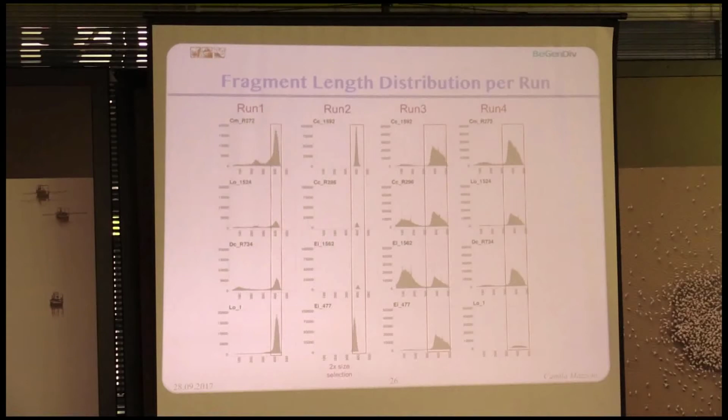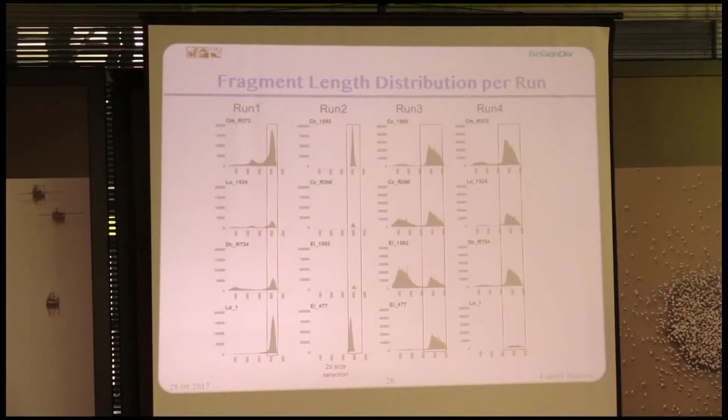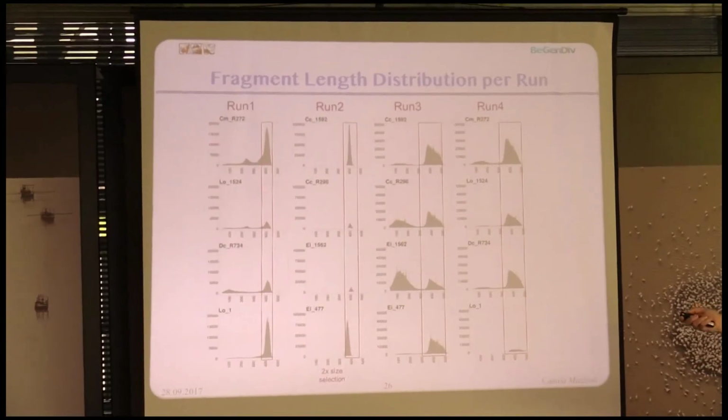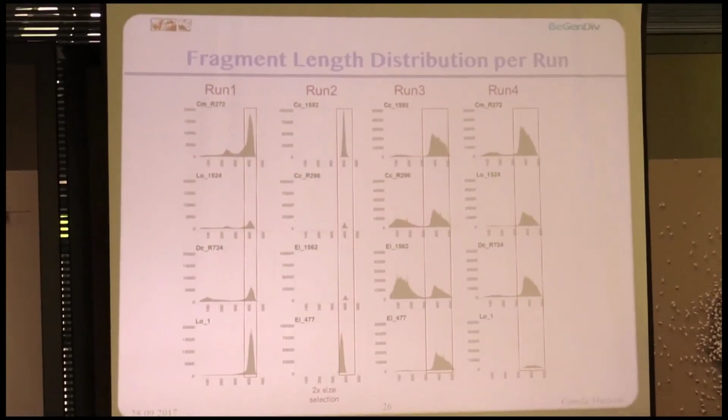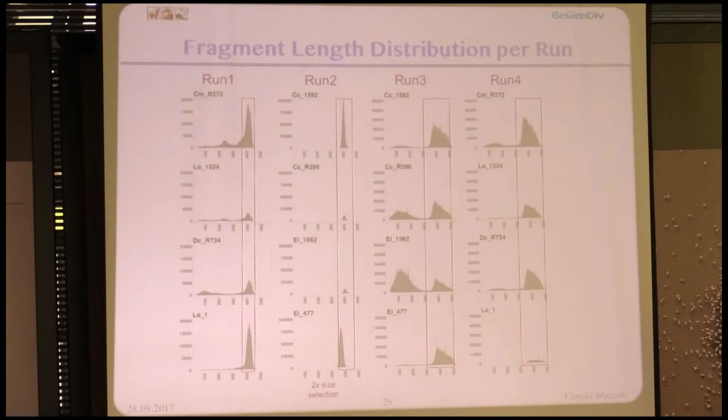I know what I wanted to select, but one thing is what I wanted, and the other thing is what I actually did and what I got at the end. So this is the size selection that was attempted for each of the runs. You can see you have a bunch of small fragments, sometimes a lot of them, that escape somehow. Sometimes you have things that are a bit off what you wanted, from one side, from the other.